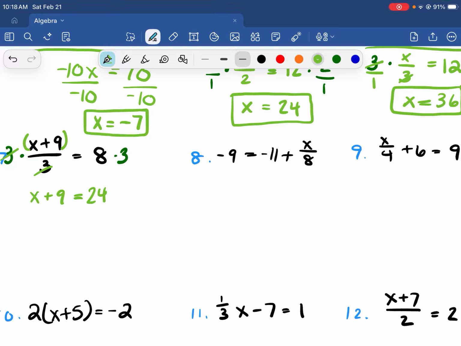So now, even though x plus 9 kind of came as a package deal first, now that's all that's left is that plus 9, so I don't really need those parentheses anymore because I'm going to get rid of the 9 by subtracting it away. The parentheses are just for the package deal of making sure I'm dividing first. So 24 minus 9, well, 24 minus 10 would be 14, but I'm not subtracting 10, I'm subtracting 9, so I've got 15 here.